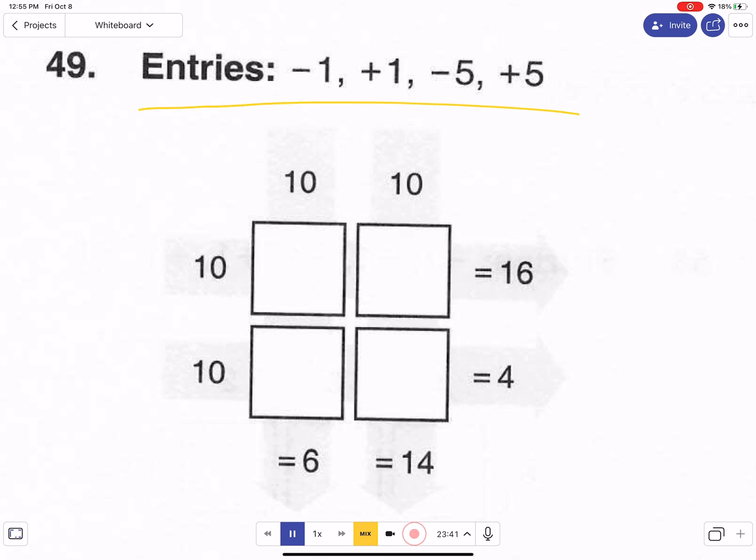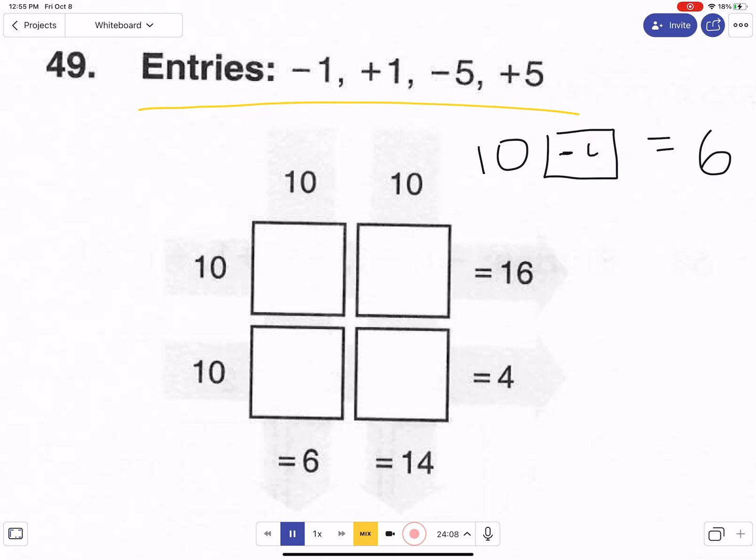Here are our entries. So let's do our, whoa, there's a lot of 10s over there. Okay, so let's do our first column, the left column. So to get from 10 to 6, what do we do? This one is probably a bit harder, so just be kind of warned.